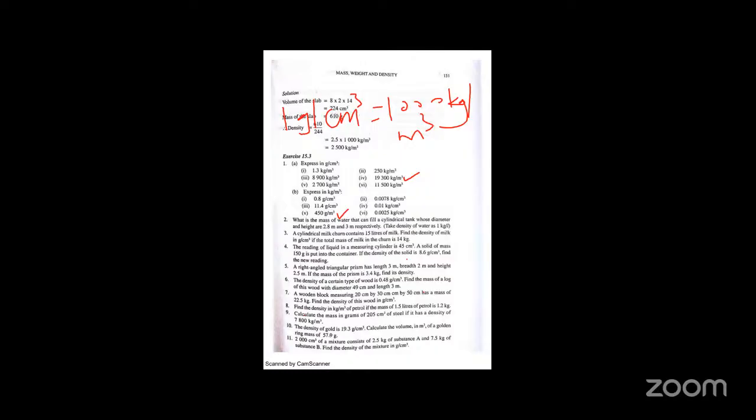Yeah, so looking at the first case, where we express in grams per cubic centimeter, we have been given 19,300 kilograms per cubic meter.